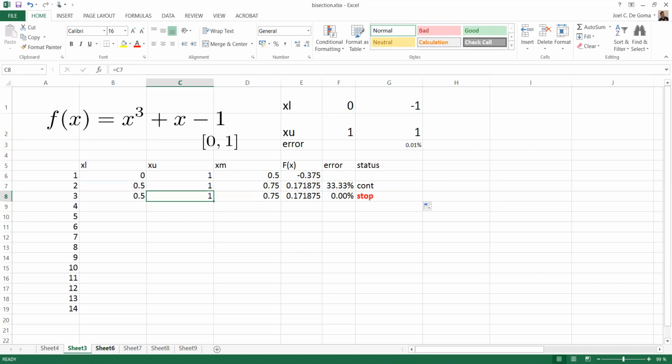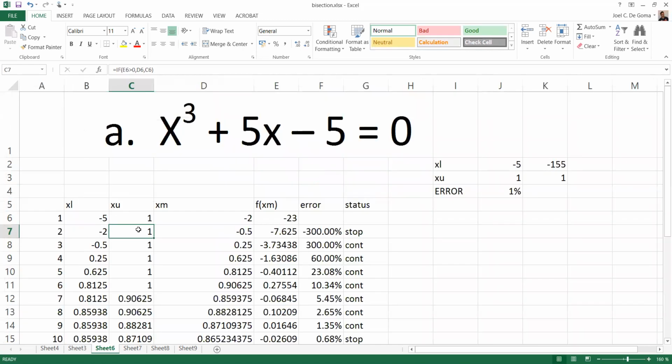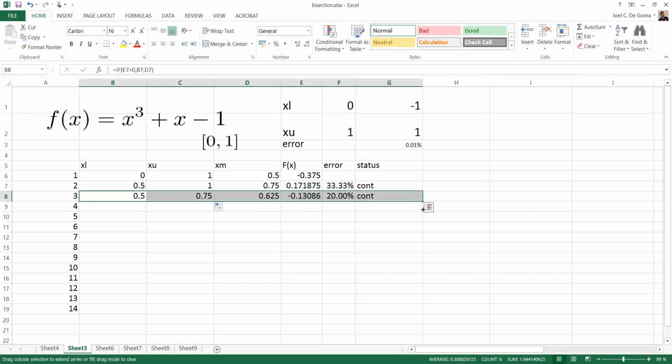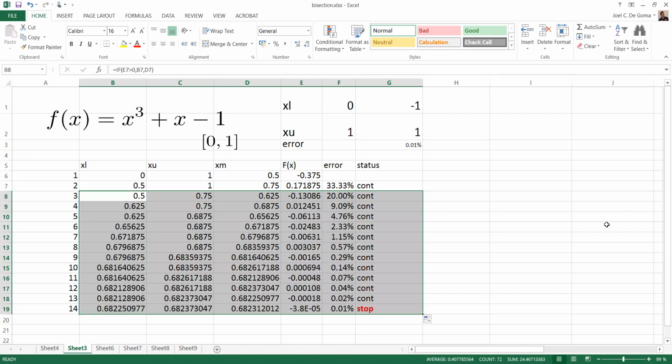So wait, I'm just going to copy my equation. So it's 0.75. Get the midpoint. We have 0.625, and the new result is negative, and the error is still greater than the acceptable error. So continue this solution until you stop.